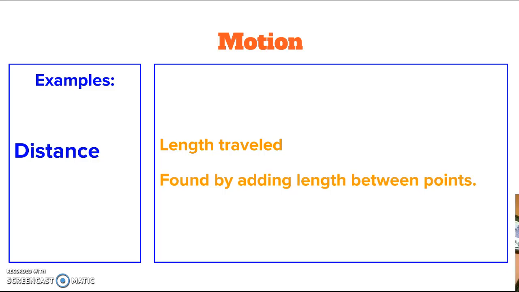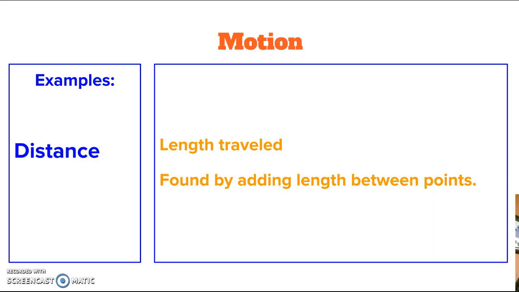In a lot of the problems, someone's going to travel from point A to point B to point C to point D, and we are going to add those distances together to find the total distance, or the length traveled.